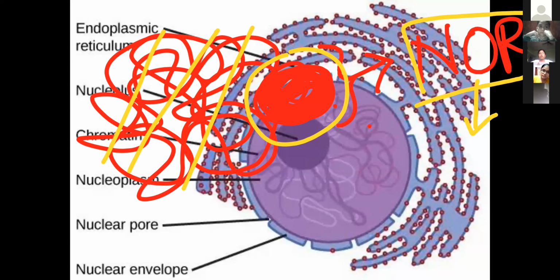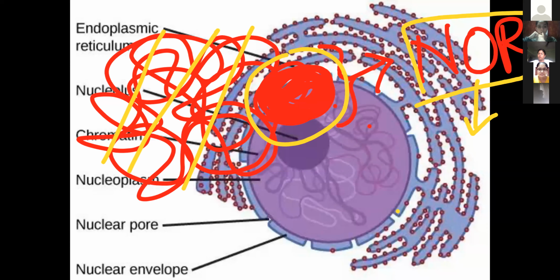Full form है nuclear organizer region. This organizes the nucleolus in nucleus. The name suggests it organizes the nucleolus in the nucleus.